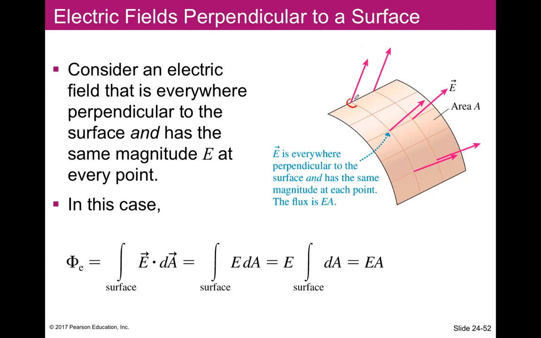Let's take this point as an example. For a very small piece, if the electric field has a perpendicular direction to the surface, then what's the angle between the electric field and the surface vector?